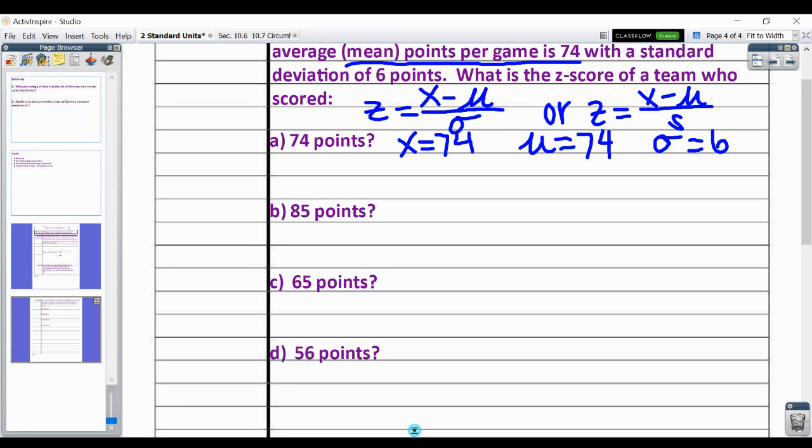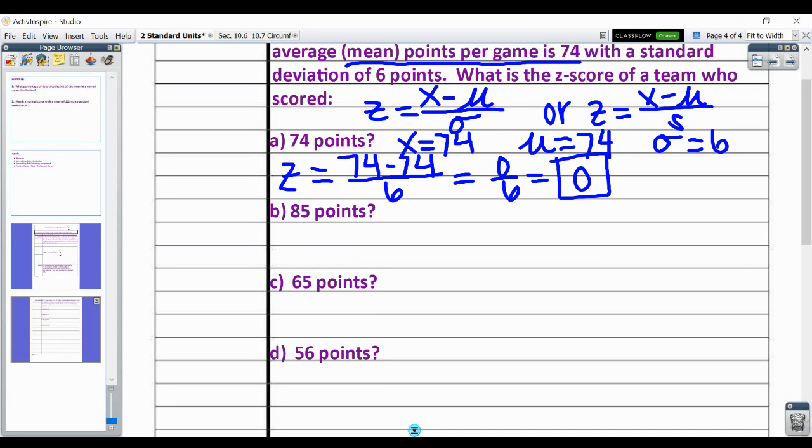So we're going to substitute these values in to solve for z. After we do all of our algebra, we get a z-score of 0. That means that 74 points is 0 standard deviations away from the mean, which means you're getting exactly the mean.